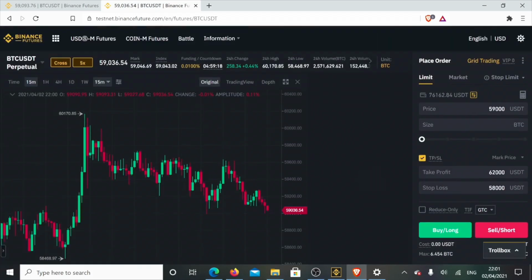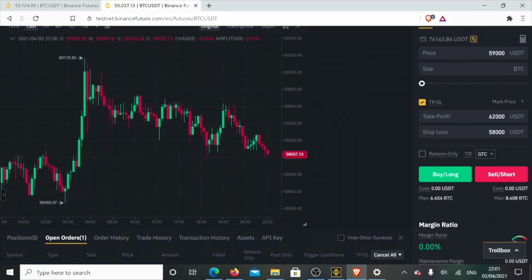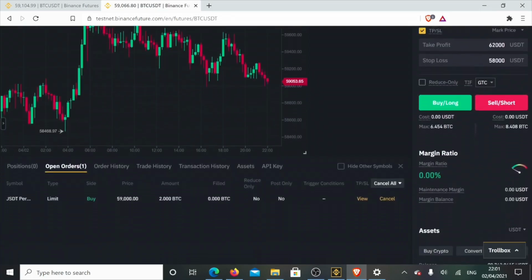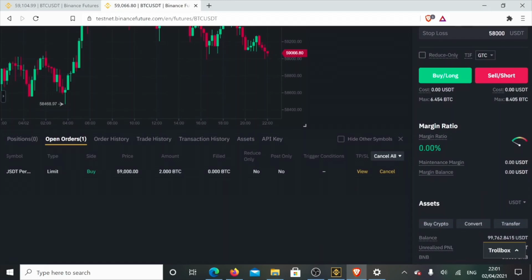Now what else am I yet to explain? Okay, so go down. That is about it. Buy long. Now, liquidation explanation. First, liquidation means when all the assets in your futures account are being used to settle your debts.